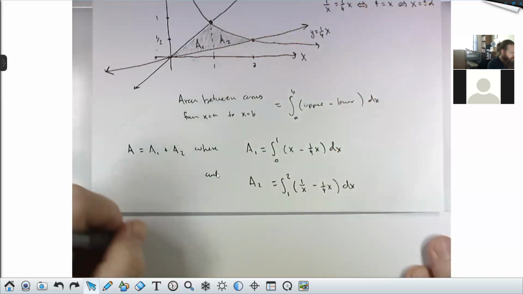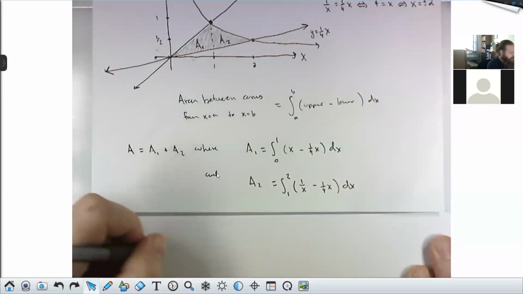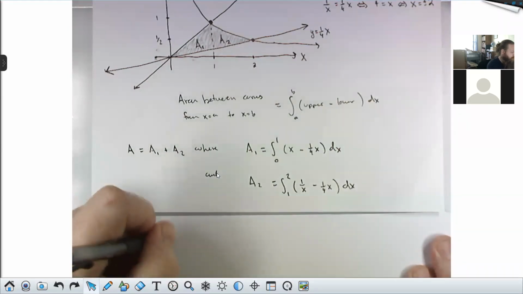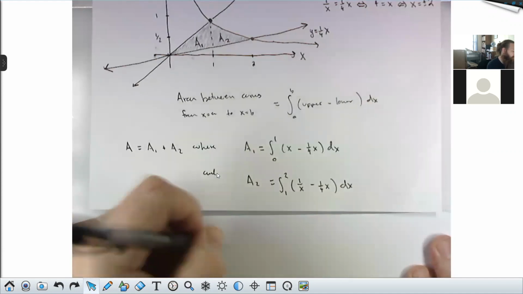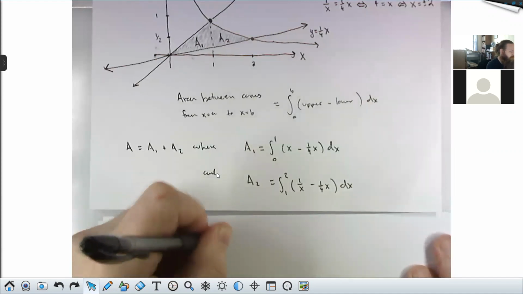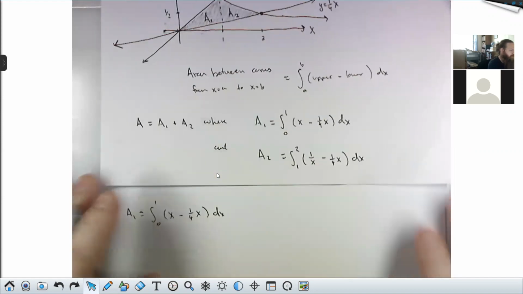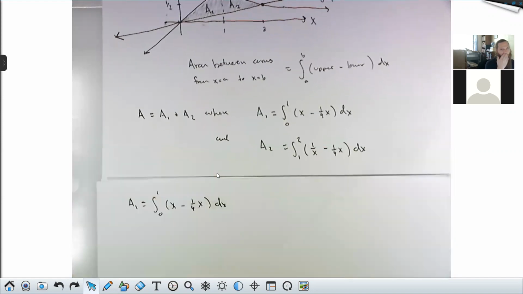A1, the integral from 0 to 1 of x minus 1/4 x dx. I want to talk for a second about smart approaches to integrals like these. Yeah, I could find an antiderivative for those two pieces. Sure, they're both power rule things. Should I though?